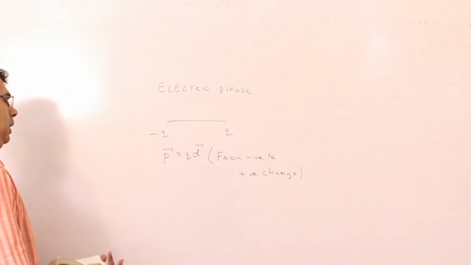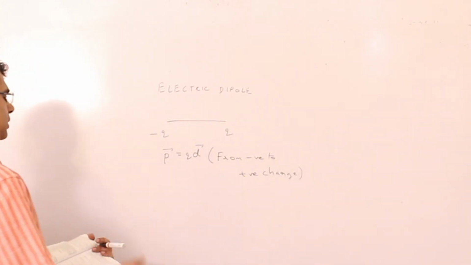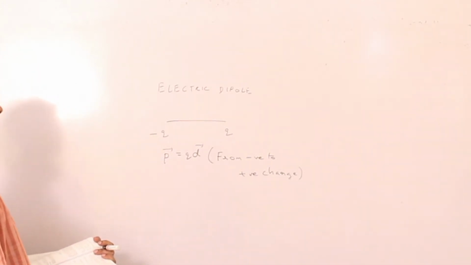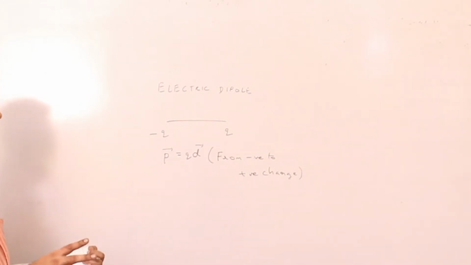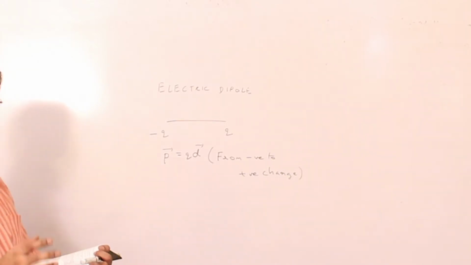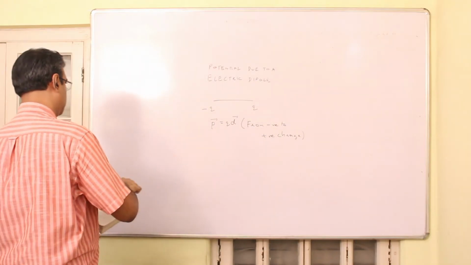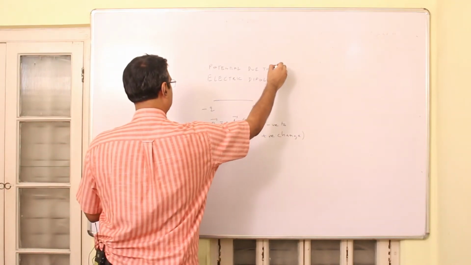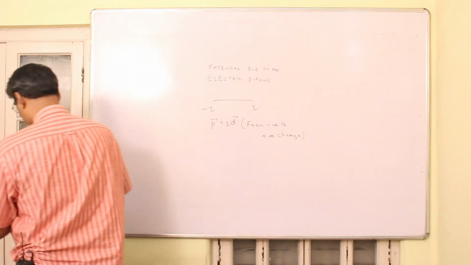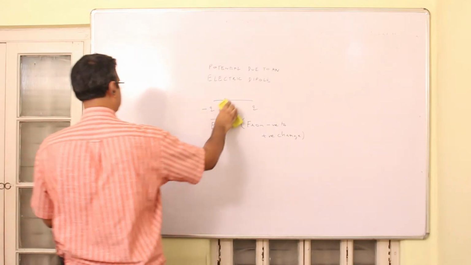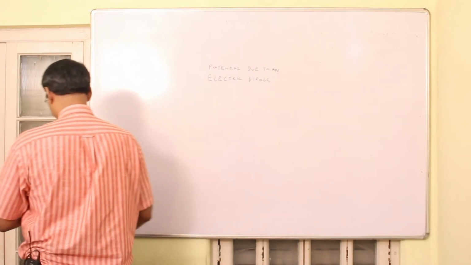Now, in case of electric dipole, we will be deriving two formulas. One is potential at any point due to a dipole, and the other is field at any point due to a dipole. Potential due to an electric dipole is going to be our next calculation.